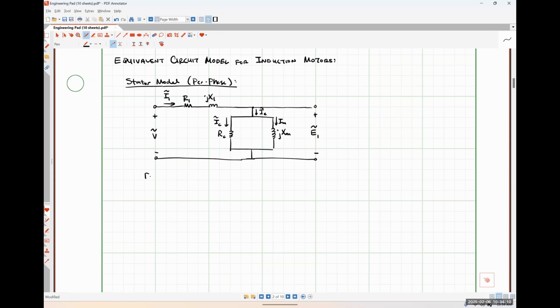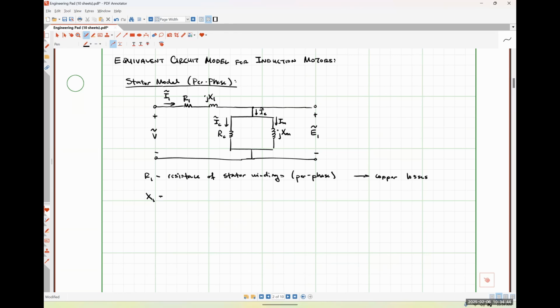So R1 is the resistance of the stator windings per phase, and these contribute to our copper losses, specifically our stator copper losses.